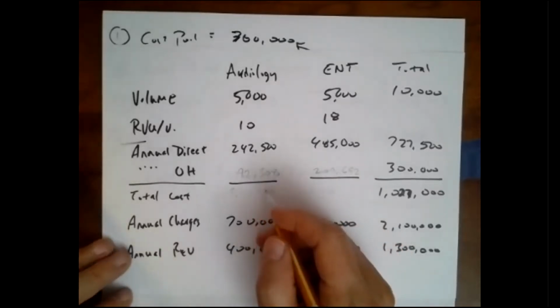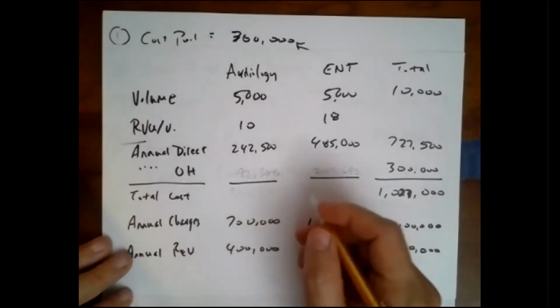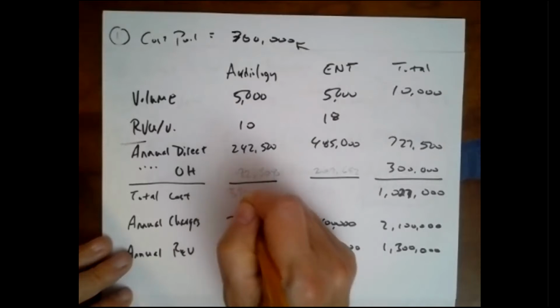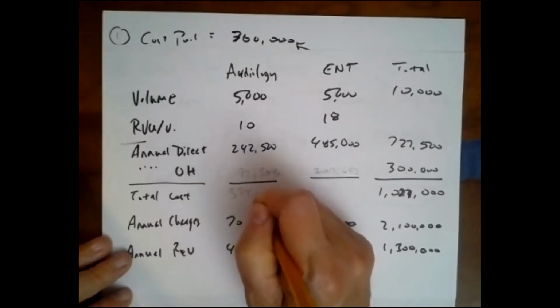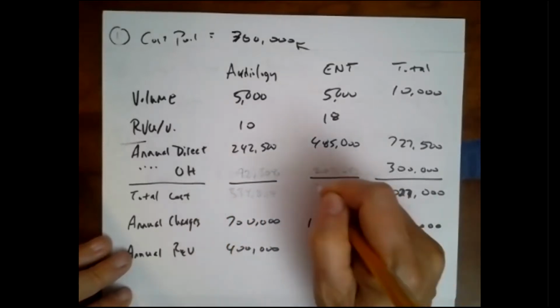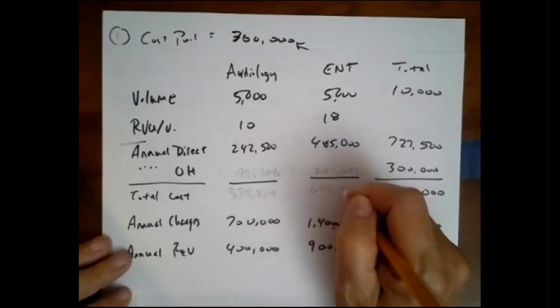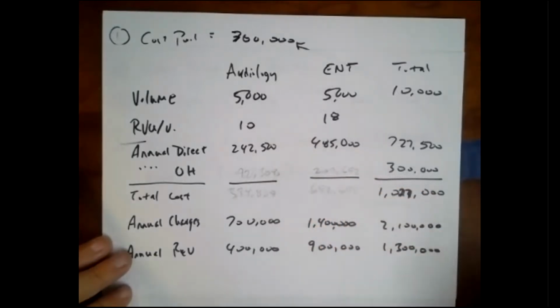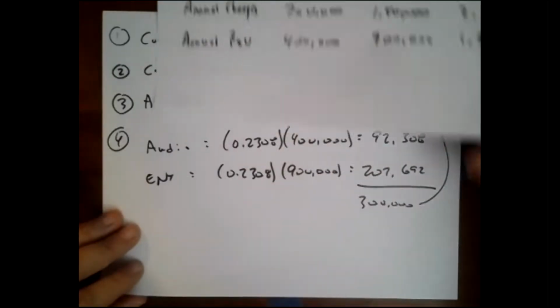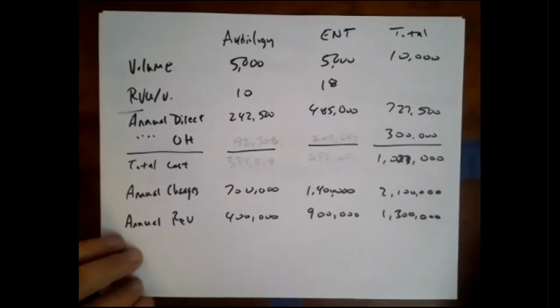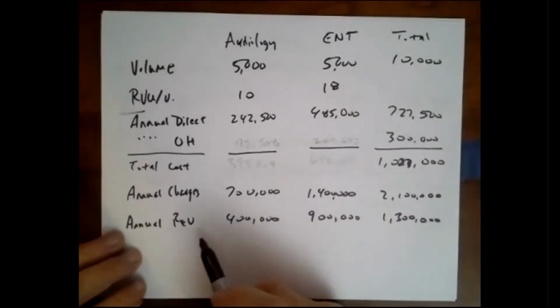And that gives us new totals of 334,808 and 692,692. Okay, so that is a variation on the cost to charge.